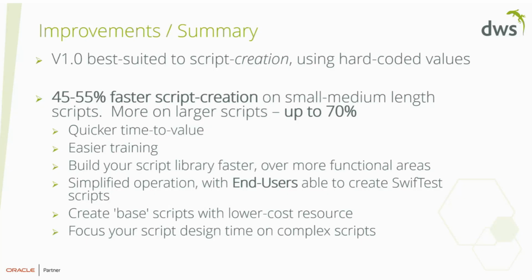If you know how to use E1, and of course you do, then you can apply end users to create SwifTest test scripts as opposed to, let's say, more experienced power users or functional analysts. So you can create your base scripts with lower cost resource, allowing you to focus your time. For the key tests, the more enhanced tests, you can use more experienced people to create those complex test scripts.